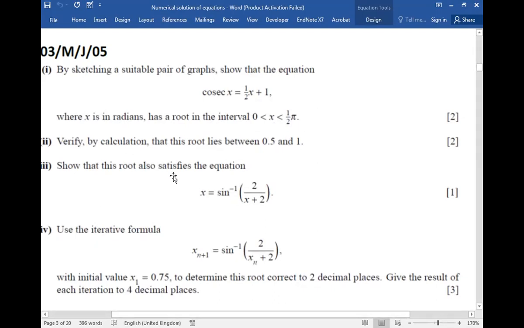Now the question says verify by calculation that this root lies between 0.5 and 1. The first part is ours, we'll do it later, not our focus right now. How do we do this now? Anyone? We'll bring all of them on one side and make the entire equation equal to 0.